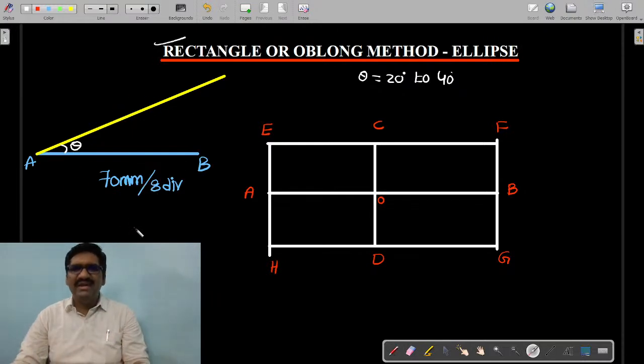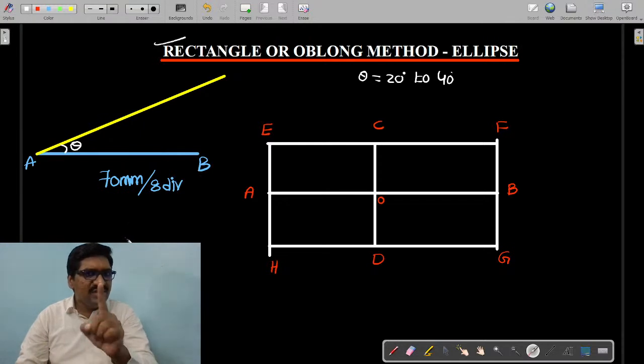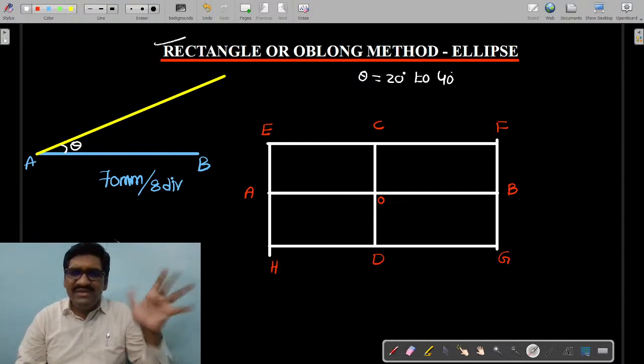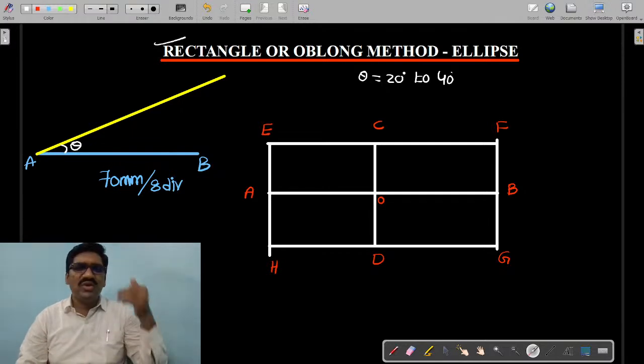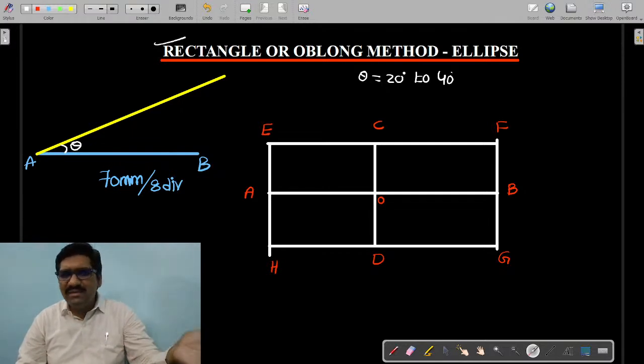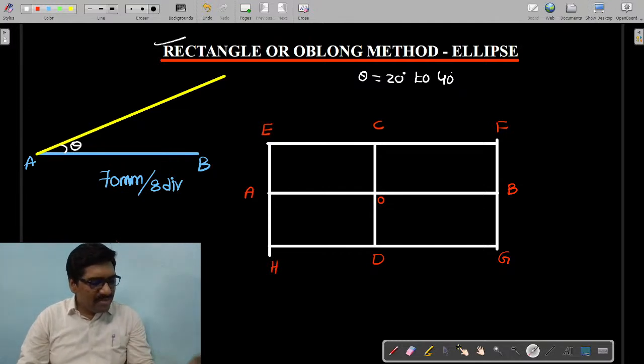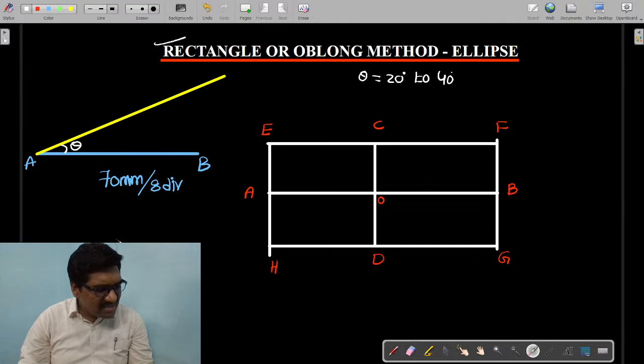I am giving a guarantee, all of you, from the engineering drawing subject, you can even score full marks, 100 marks also. You cannot score in physics, chemistry, or English. Of course, you can score in mathematics, but here also you can score definitely.